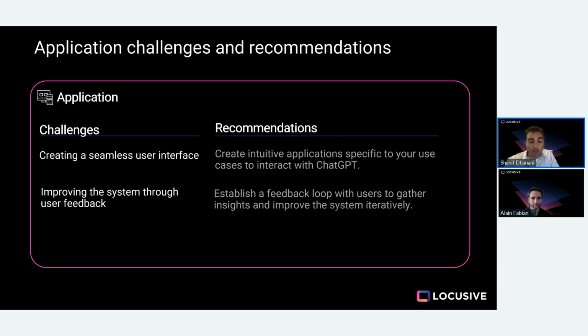And then finally, a lot of times users are going to want to be able to tweak or change the response that they're getting from ChatGPT. A lot of times on the website, for example, I might get a bad answer and I can easily chat into the website, hey, this is wrong, please update it for me. If you're building an app, you may not have the ability to allow users to change that answer interactively.